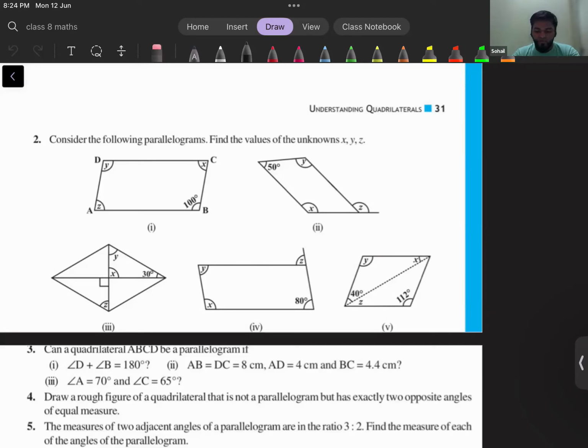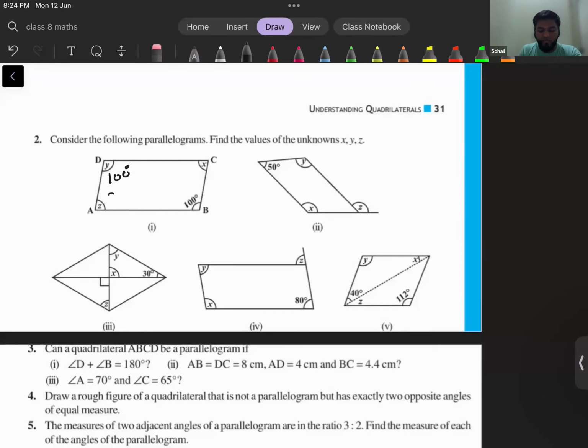What is the value of y? Sir, 100 degree, since it is the opposite angle here. What is the value of z here? 80 degree.